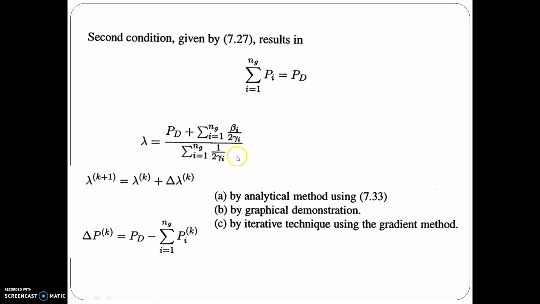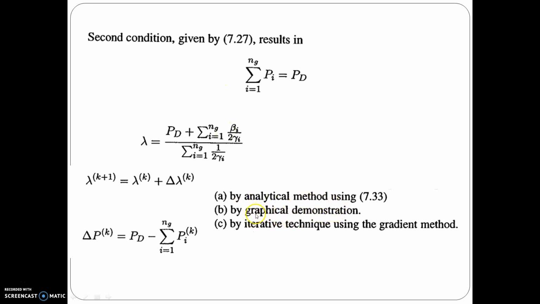This economic load dispatch can be solved using three different methods: the analytical method, the graphical method, and the iterative technique using the gradient method. By using the analytical method, we can directly get the lambda value using this equation, so that we can get each generation as well as the total cost of the system.